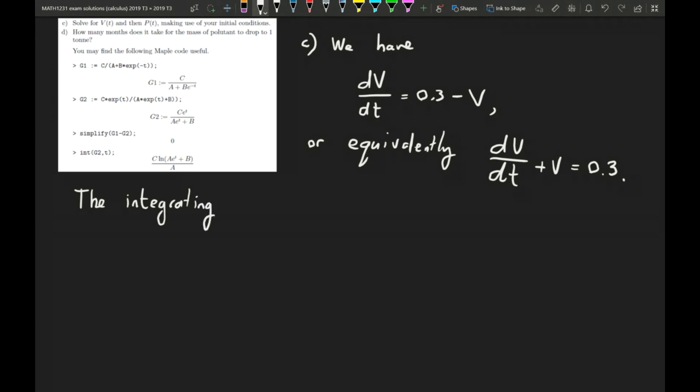Can anyone tell me the integrating factor? Yeah, just e to the t. It's really just coming from whatever coefficient you see in front of here and integrating that. So it is just the integral. I mean, you can just say it's e to the t.